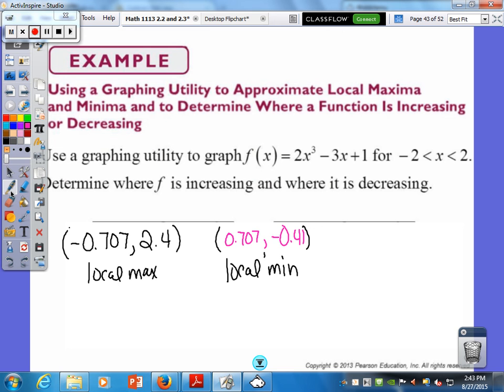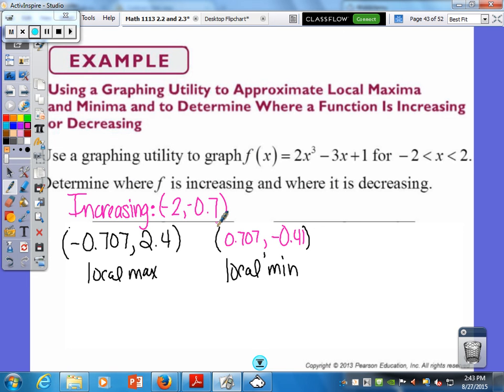So from looking at that, I've got increasing from left to right. So what values would I write? I'm going to write increasing here. What's my lowest x value on the left-hand side bounded by that? That's going to be my negative 2, right? And then I'm going to go up and increase to this local max of negative 0.7.